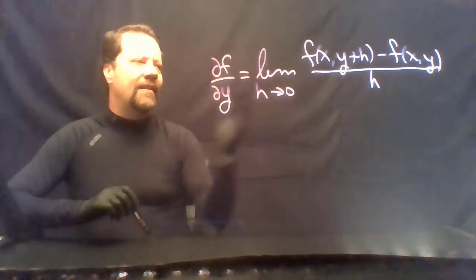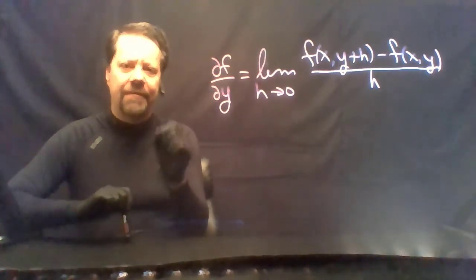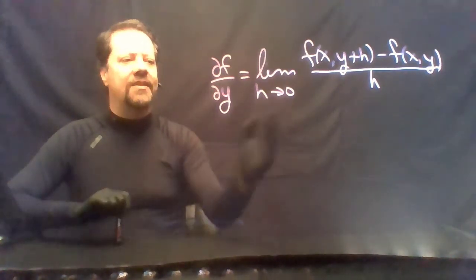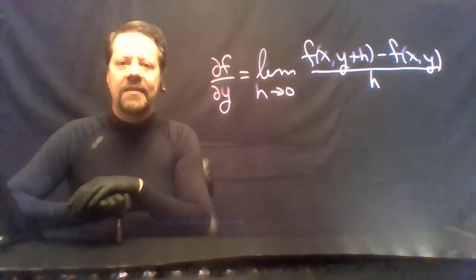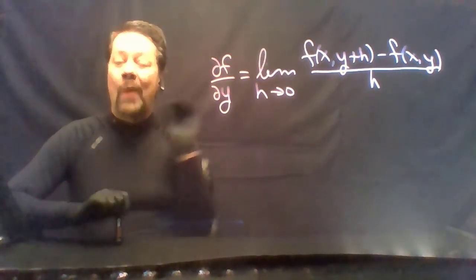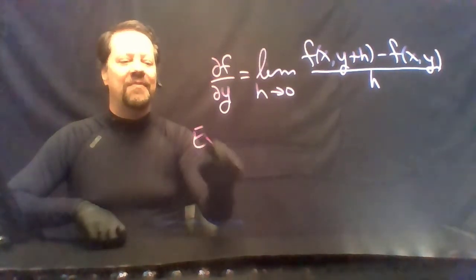Note, in this particular derivative, we're treating x as though it is fixed. It is not changing. We treat x as though it's constant when we're taking the derivative with respect to y. Similarly, if we take the derivative with respect to x, we treat y as though it is constant. So let me give you some examples.